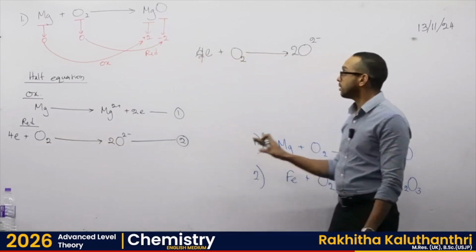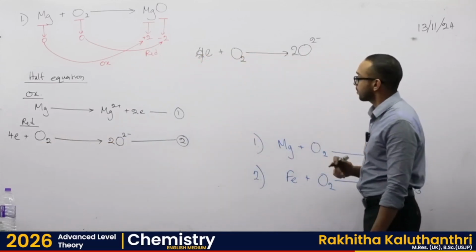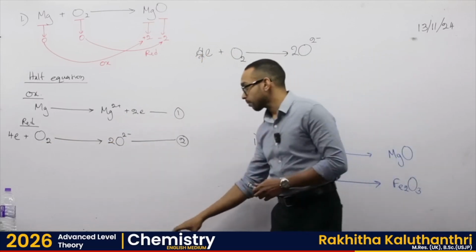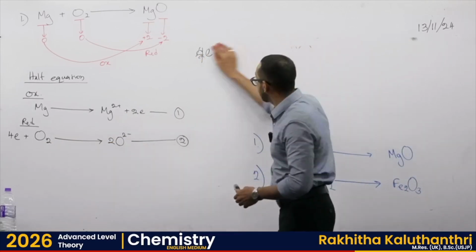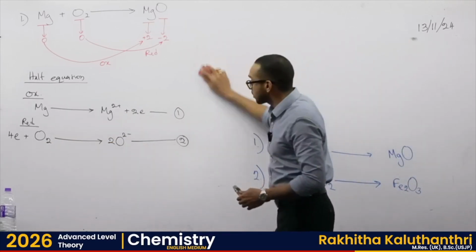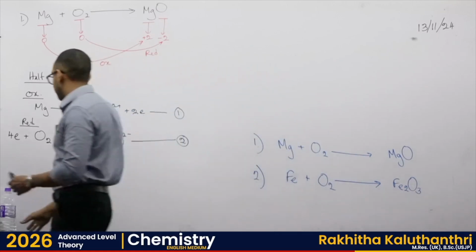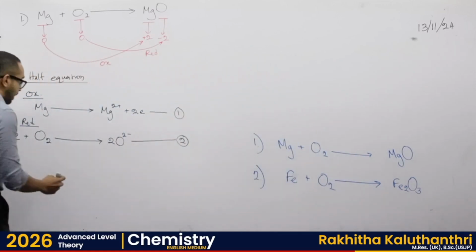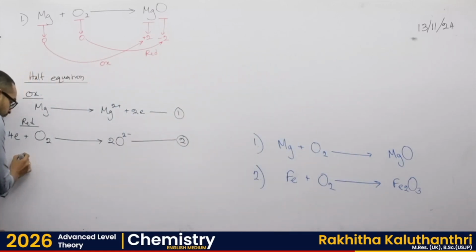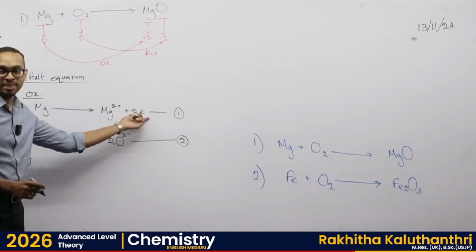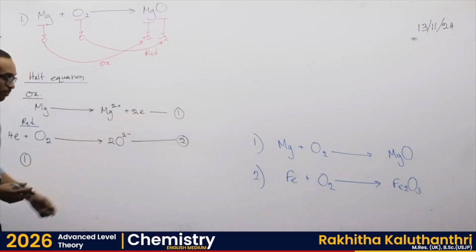Then you form this. So now you can identify there's 4 electrons here, 2 electrons here, not a match, meaning what?